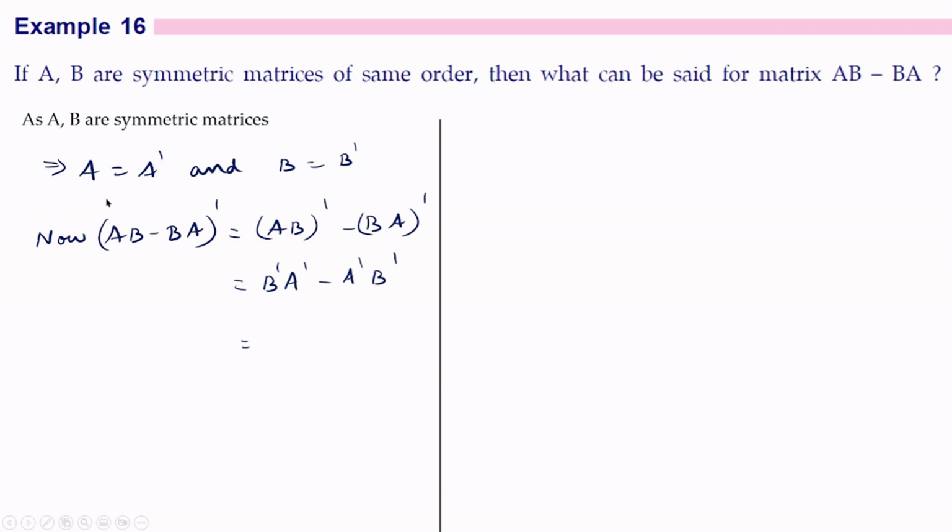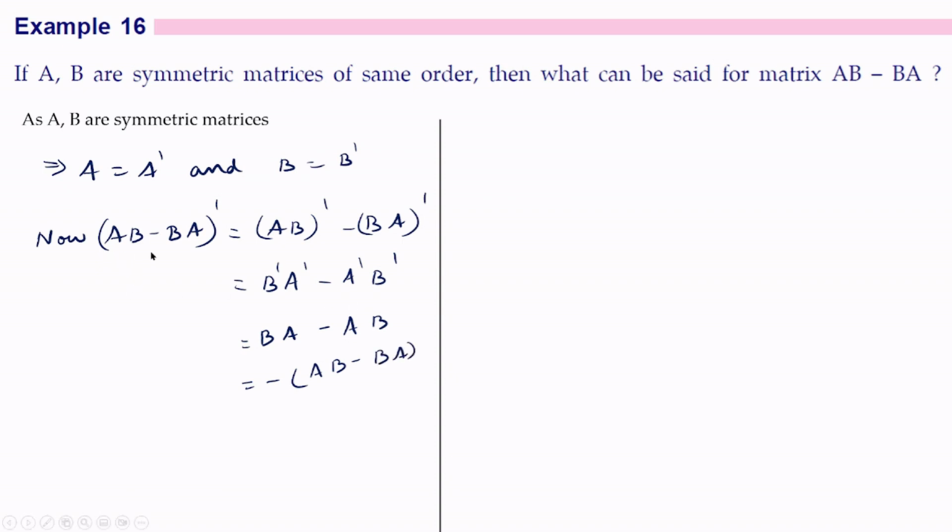Now here, since A and B are symmetric matrices, we have A equal to A transpose and B equal to B transpose. So in place of B transpose we can write B, and in place of A transpose we can write A. So this becomes BA minus AB, or if we take the negative sign outside, we will have it as AB minus BA.